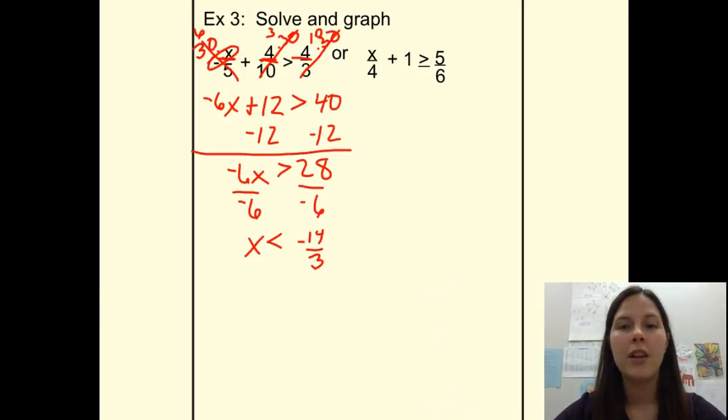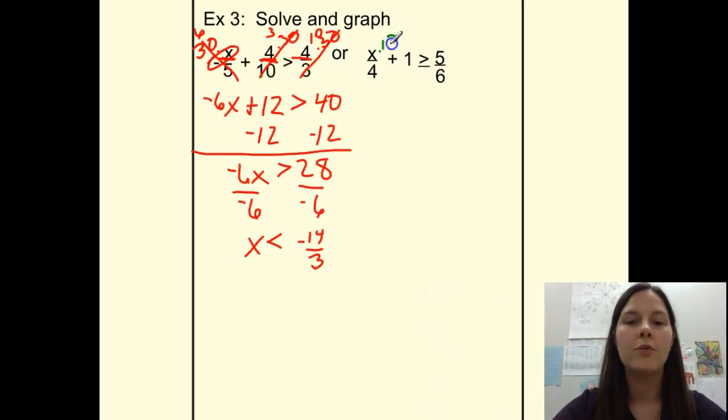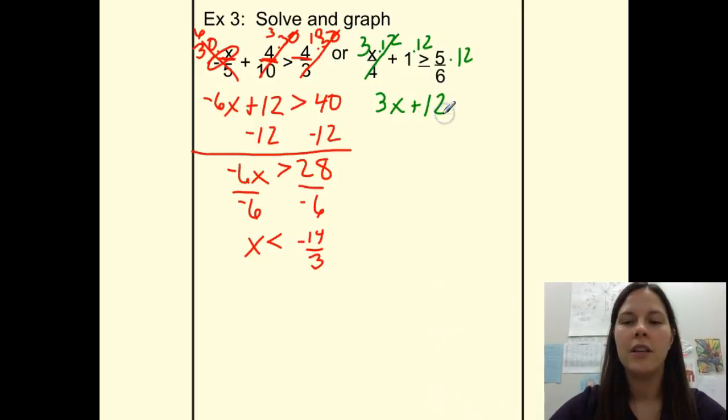Our second inequality, 4 and 6 both go into 12. So golden rule, I will multiply everything, including that 1, by 12. Dividing first, 12 divided by 4 is 3, so I get 3x, plus 1 times 12, greater than or equal to, because I multiplied by a positive. 12 divided by 6 is 2, and 2 times 5 gives me 10.